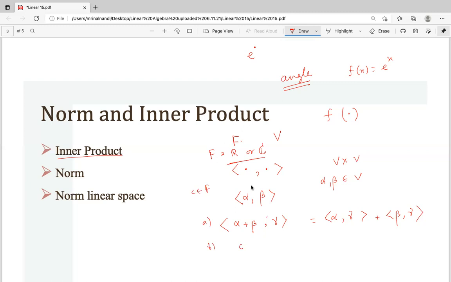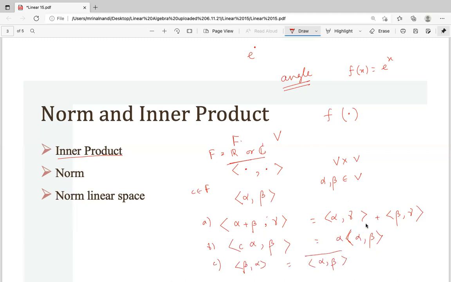Number one, this is this. Then, for any scalar, the scalar is from the field, real or complex. The inner product of c times alpha with beta is just c times the inner product of alpha and beta. And this one is very important: if we interchange, the inner product of beta and alpha is alpha beta for real, but for complex it's the conjugate.